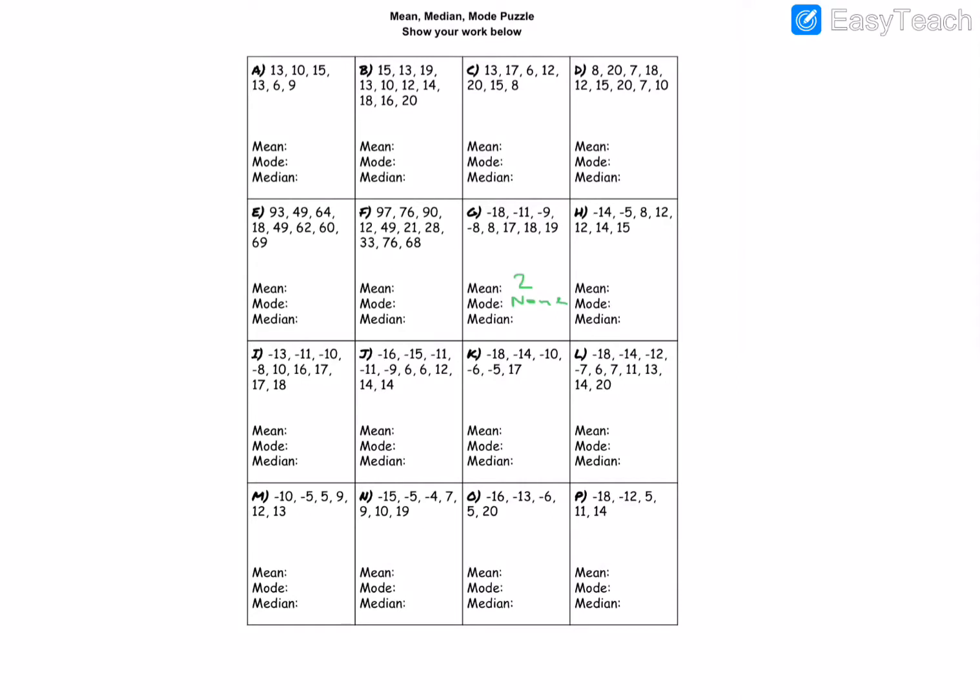I have an even number of numbers, so my median is right here in the middle. When my median is in between two numbers, I have to take the average of those two numbers. So I'm going to do -8 plus 8 and divide that by 2, and I get 0.